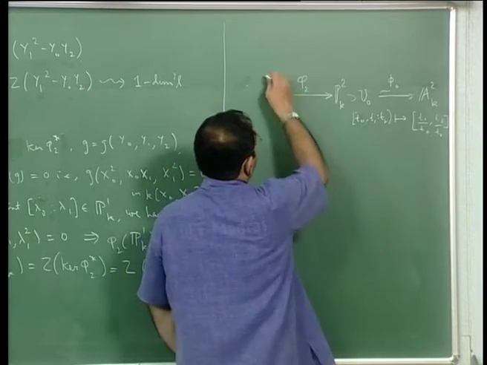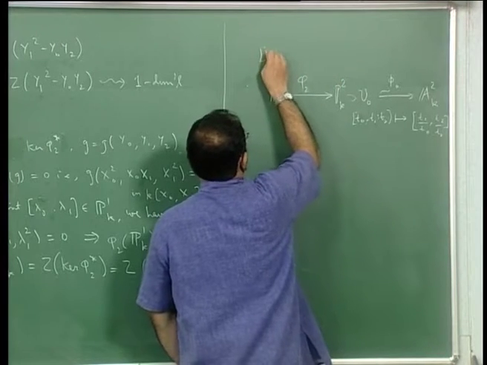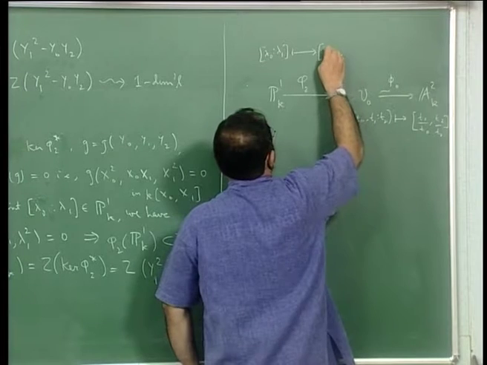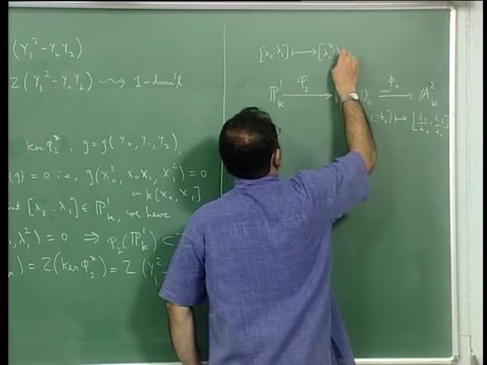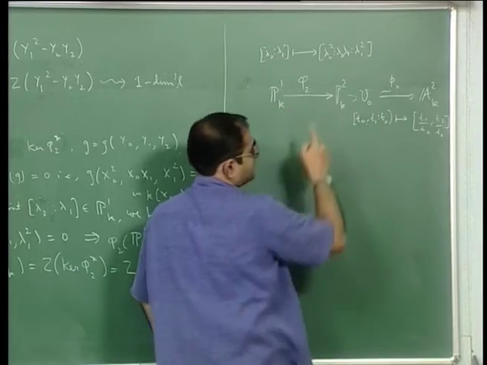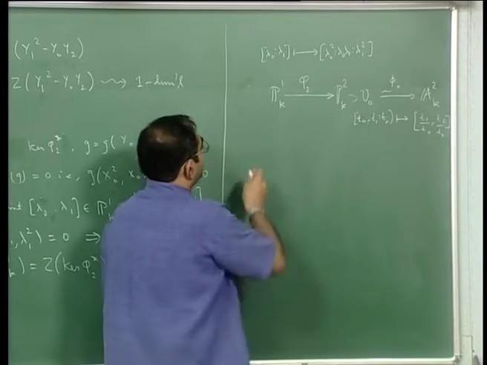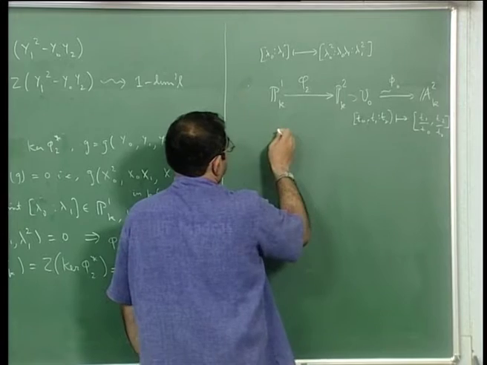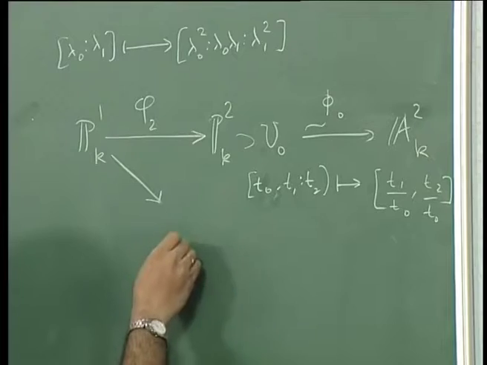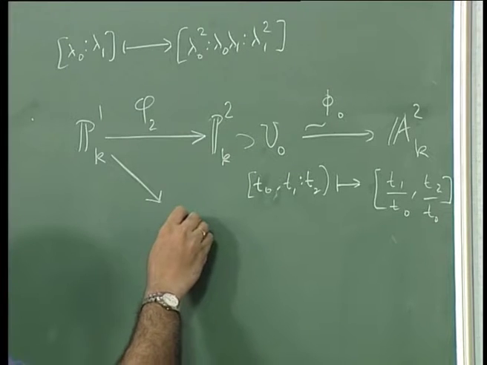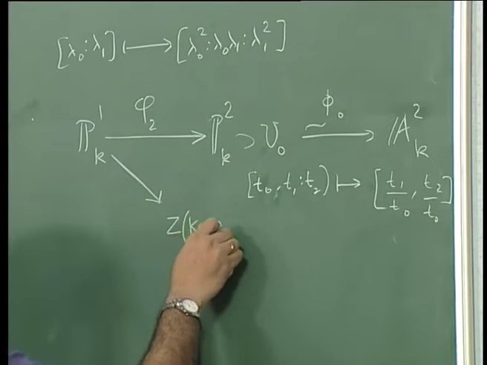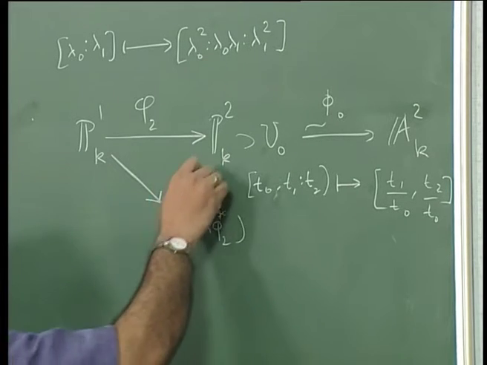And what is this map? This map is lambda 0 lambda 1 going on to lambda 0 squared lambda 0 lambda 1 lambda 1 squared, that is what phi2 is. Okay, and mind you this map actually factors through the zero set, the kernel of phi2 star, inside this.